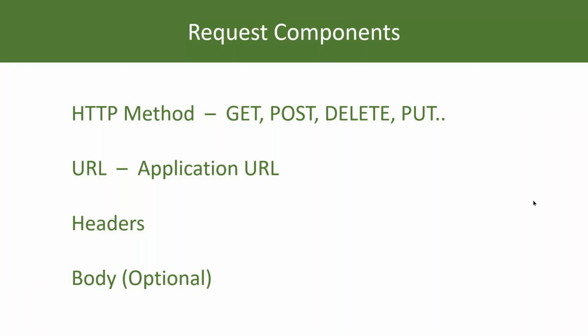Out of these four components, the first three are mandatory. Without these three, the request is incomplete and it will not work. The body can be optional, but at times there would be some parameters or some information that also gets passed along with the body.